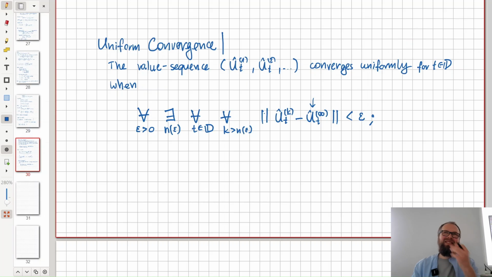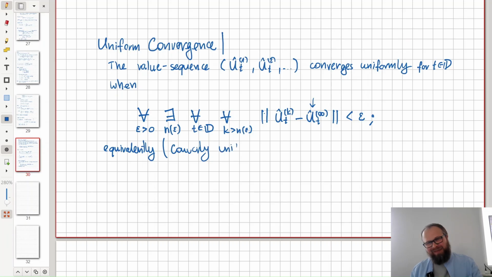It's still the Cauchy criterion. So equivalently, we continue. Equivalently, we have a uniform Cauchy.